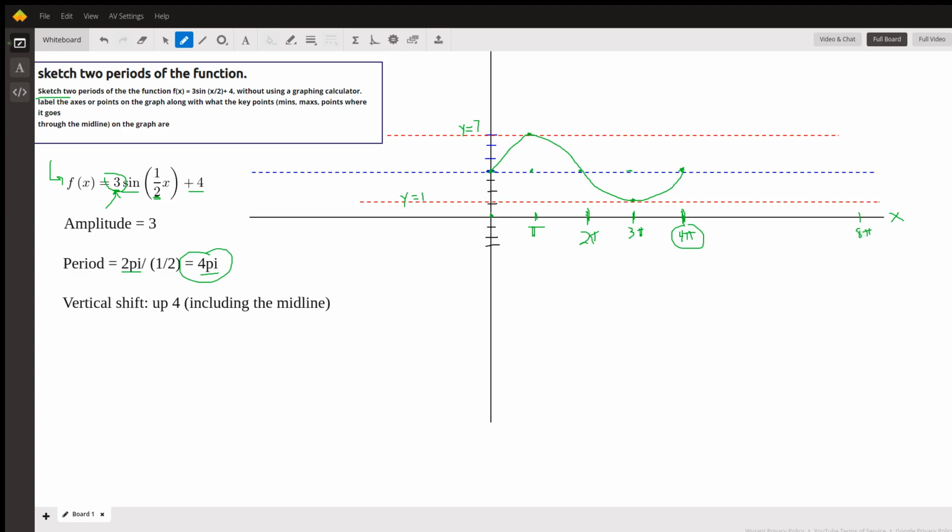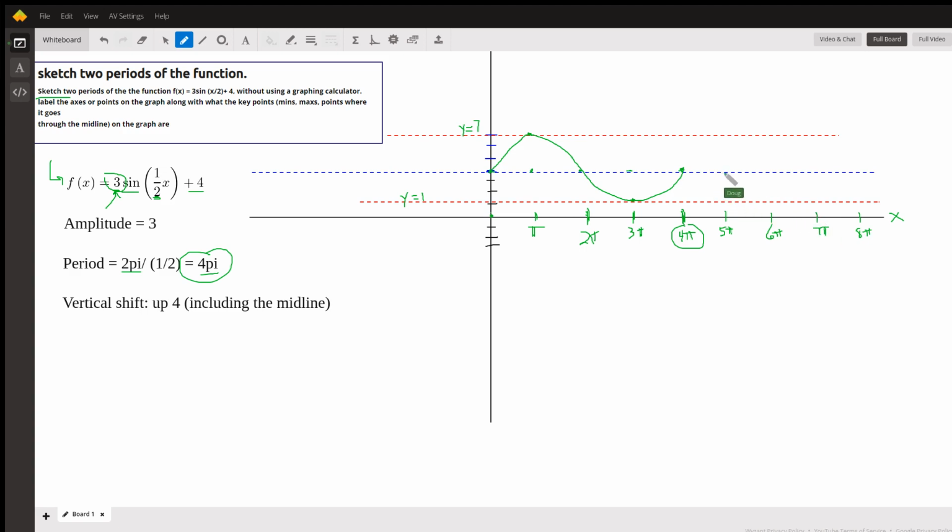Get the midpoint: add those together, 12 pi, and half of 12 pi is 6 pi. The midpoint between 4 pi and 6 pi is 10 pi divided by 2, or 5 pi. And the midpoint of 6 pi and 8 pi is 7 pi.